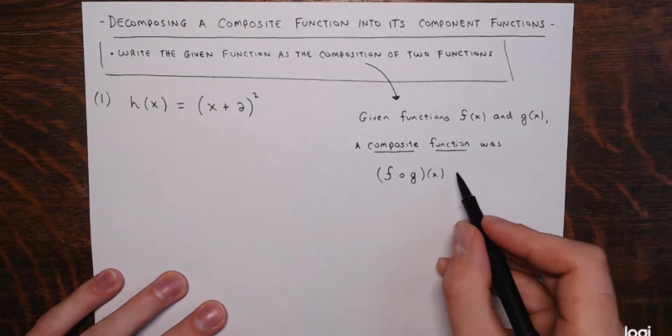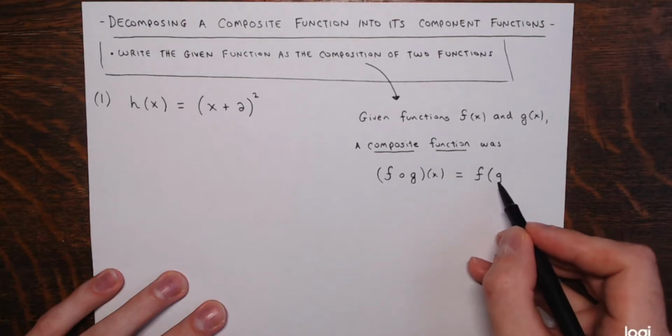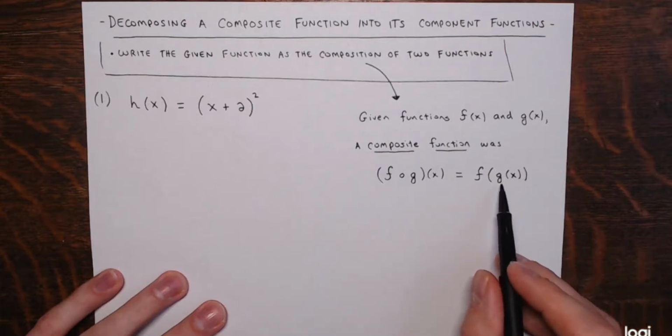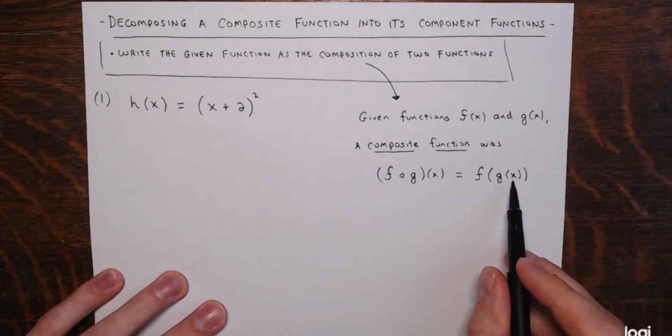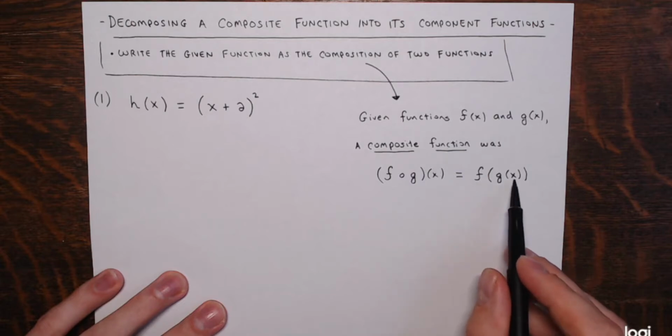Another way to write this is f of g of x. Basically one function is put inside another. X goes into g, and then g of x becomes the input for f.